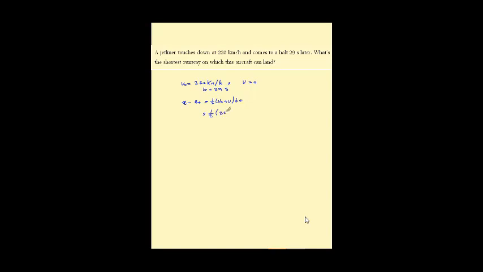So 220 kilometers per hour, and v is 0 as we mentioned here, times t, in this case 29 seconds over 3,600 seconds per hour.